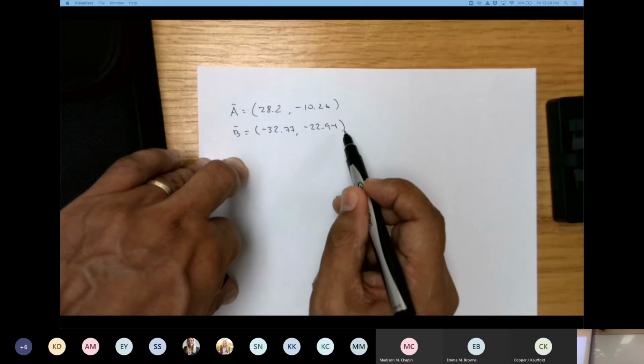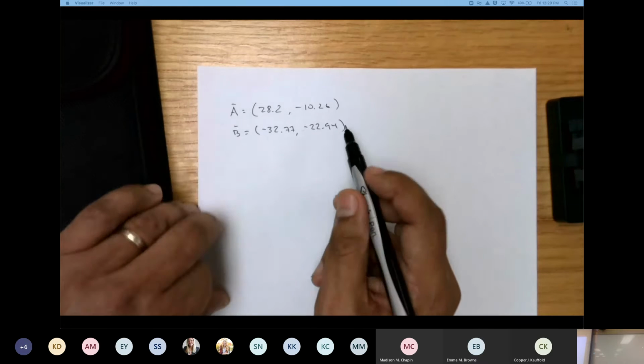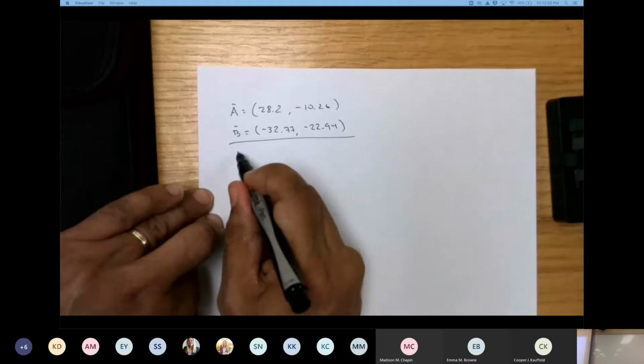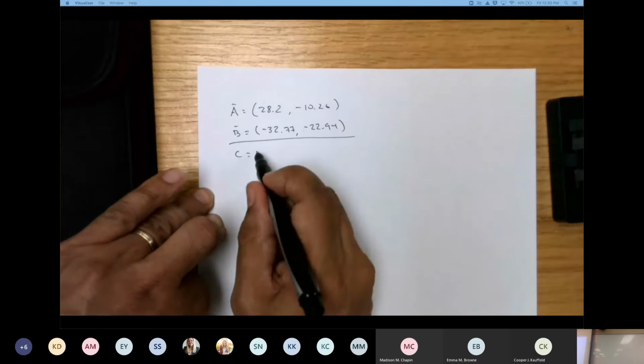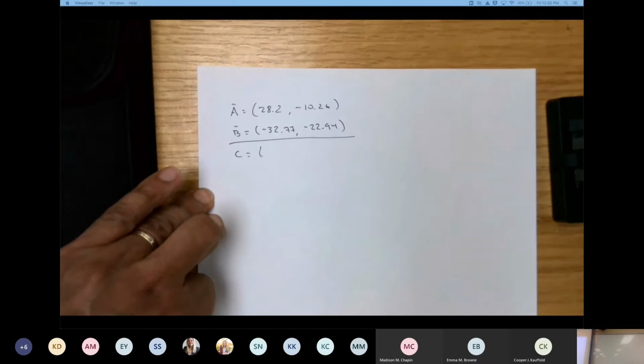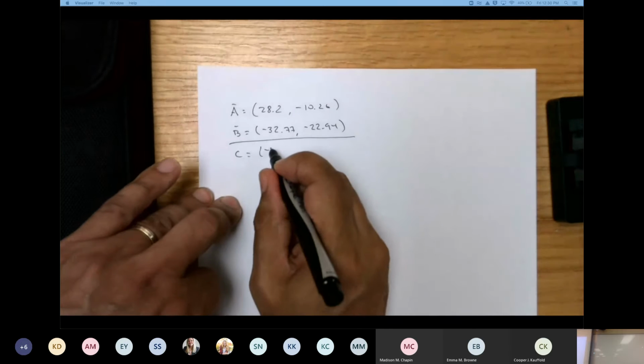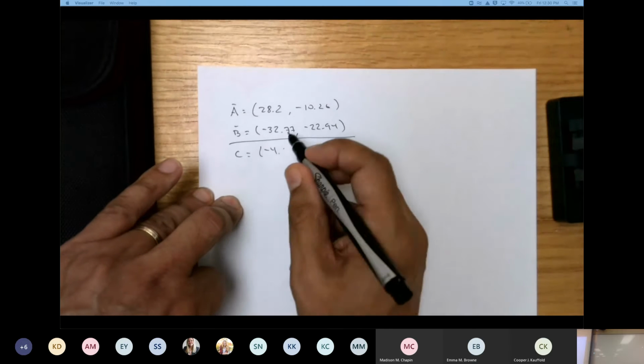Yeah? Okay, so vector C, we'll just add them together. For the first one, we have negative 4.56.